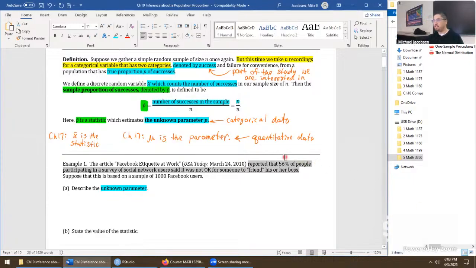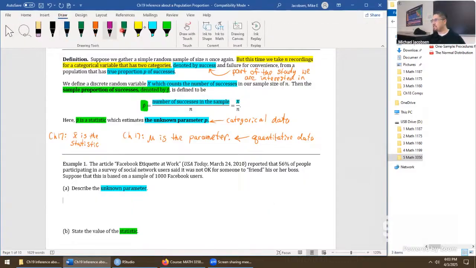So they gave us a percentage that honestly feels like a parameter, but we have to know when it said 56% of the people participating in a survey, they're talking about the sample now. That means this 56% is the statistic, not the actual parameter on this one. Kind of unfortunate.